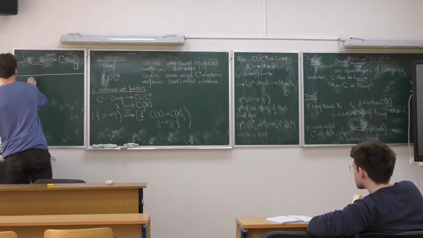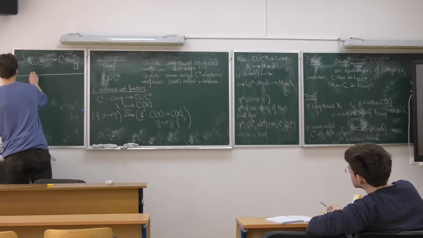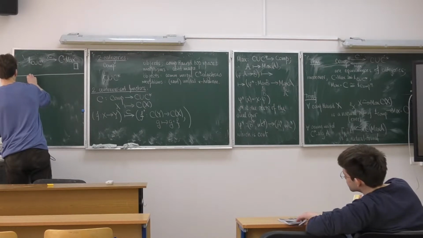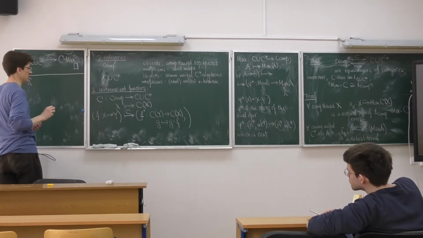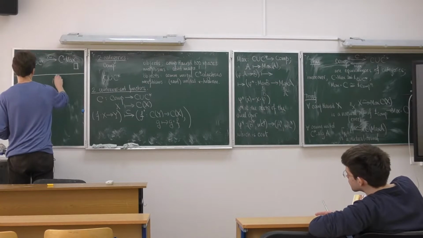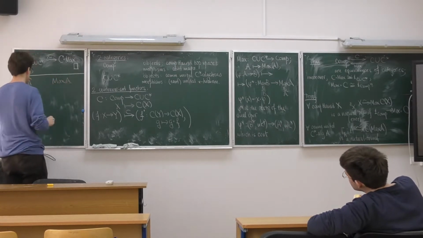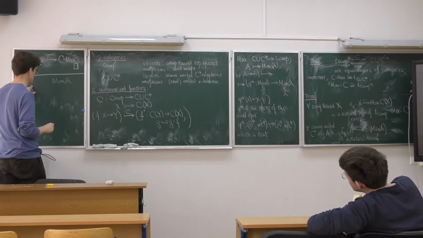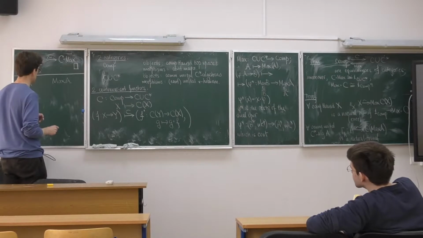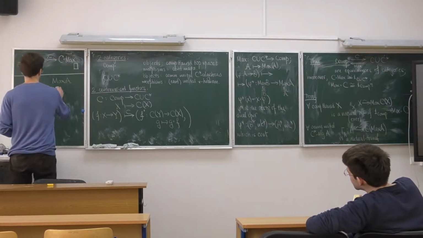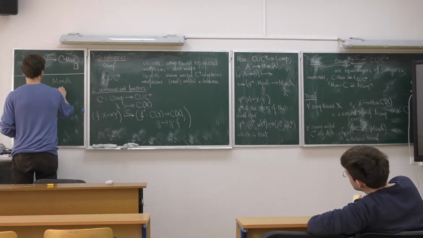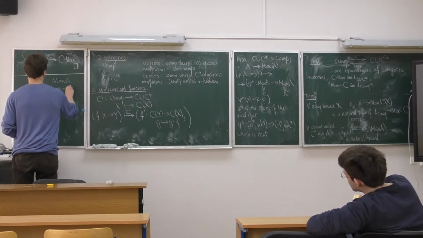We still have two sets for each not necessarily unital commutative Banach algebra, the character space and the maximal spectrum. The character space is still the set of all non-zero characters. But the maximal spectrum is defined in a slightly different way. It is the set of all maximal modular ideals.